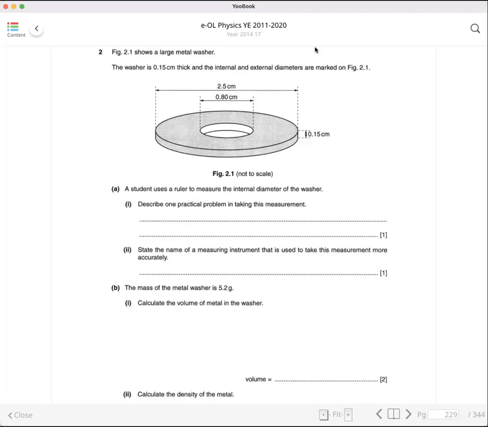Okay, Bei Guan, I'm waiting for you to do part B. Quickly do, quickly do. Bei Guan, do you need help to do part B?